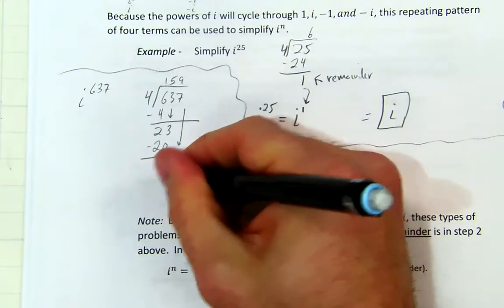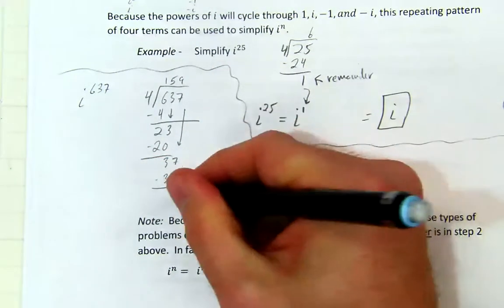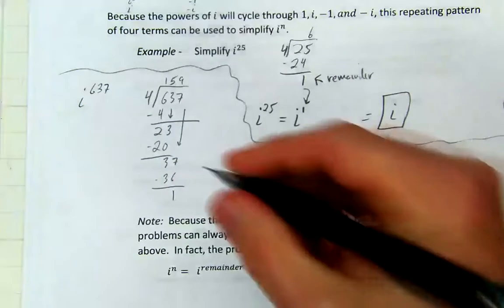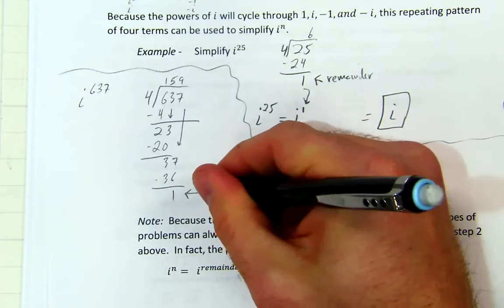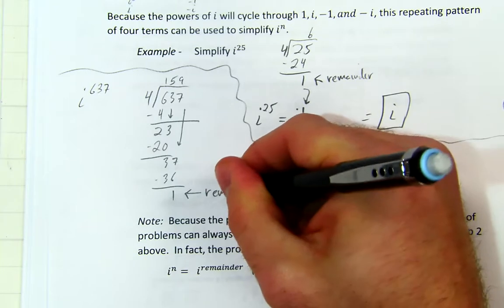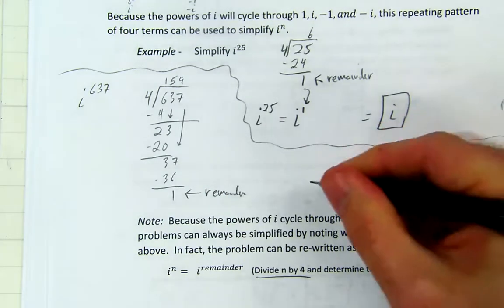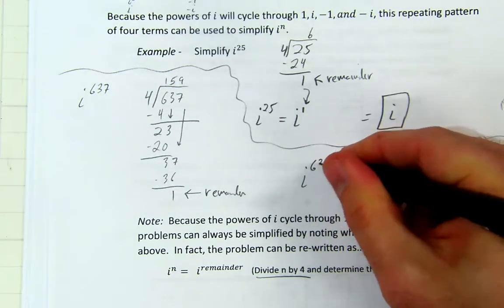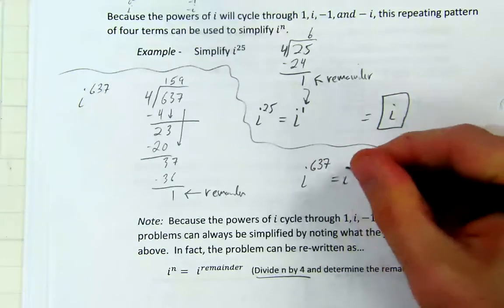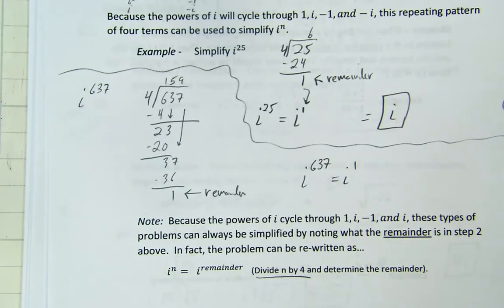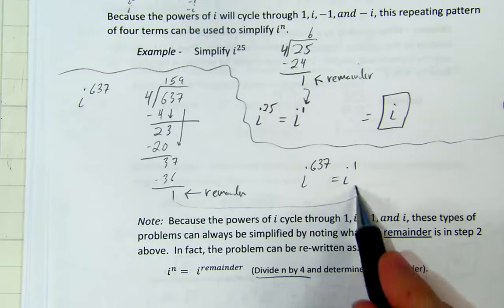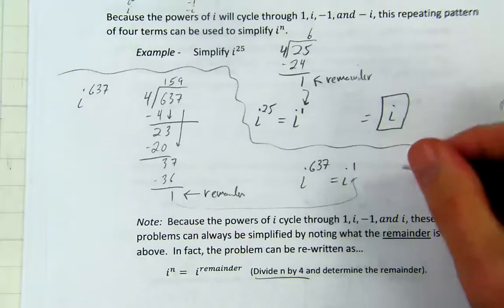Multiply, that's 36. Okay, that worked out. Here's your remainder of 1. So literally i to the 637 equals i to the first power, because your remainder just matches whatever's there. And the answer is i again.